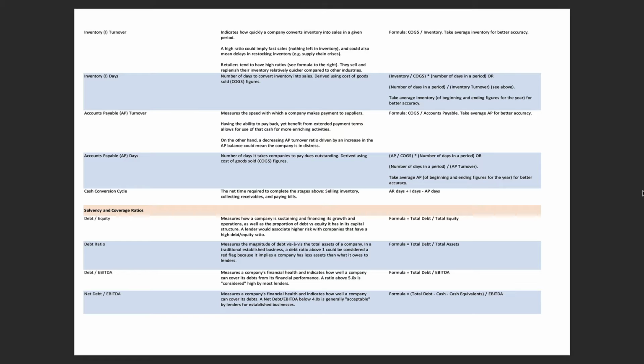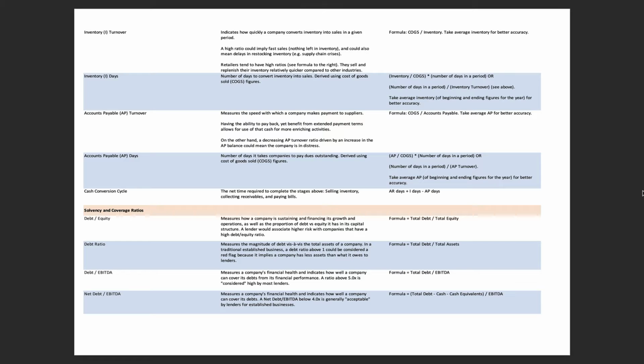You would want an inventory turnover whereby the inventory balance is low, and the reason that it's low is not because the business cannot replenish inventory, but because it's converting it quickly into cash. Retailers tend to have high inventory turnover ratios compared to other industries.